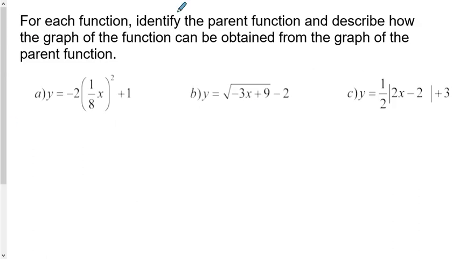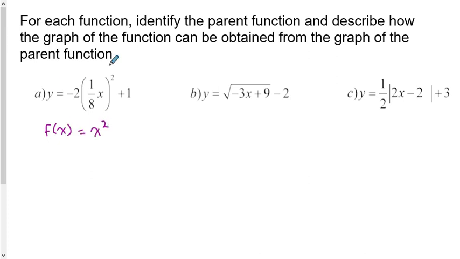Let's try describing these transformations. For each function, identify the parent function and describe how the graph of the function could be obtained from the graph of the parent function. Okay, so I need to describe the transformations and what they're actually going to do. First things first, let's just describe the parent functions. My parent function is going to be, we used to write y of x, you could write f of x for this one now.